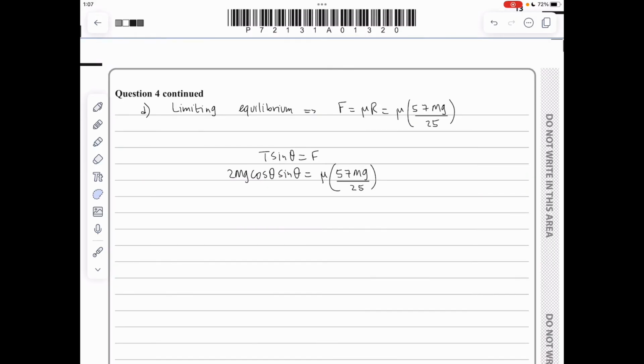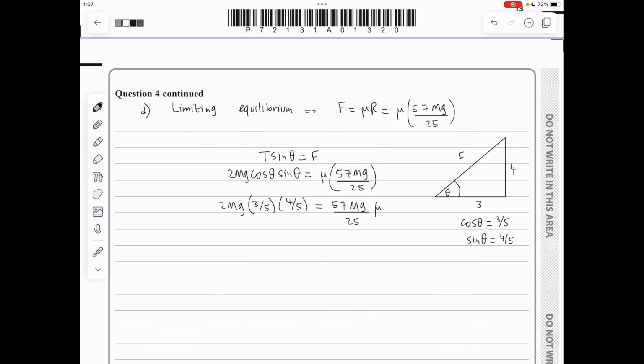It makes sense to draw a triangle here to figure out sine theta. We know that cos theta was 3 over 5, so this is 3 and this is 5. It's obviously a 3, 4, 5 triangle, so cos theta is 3 over 5 and sine theta is 4 over 5. Therefore we get that 2mg times 3 over 5 times 4 over 5 is equal to 57mg over 25 times mu.